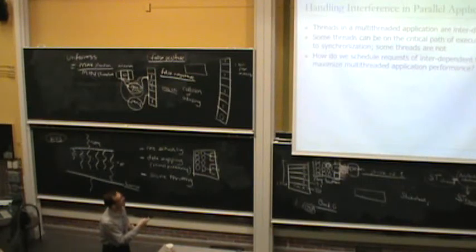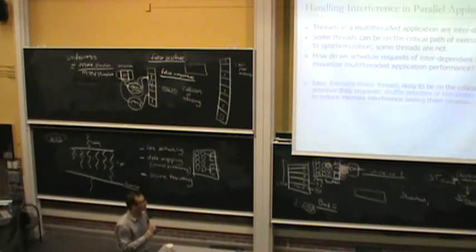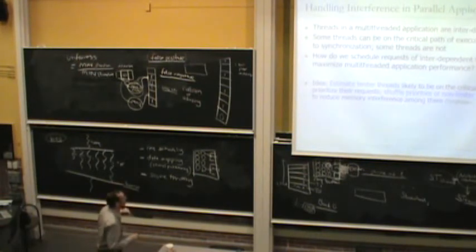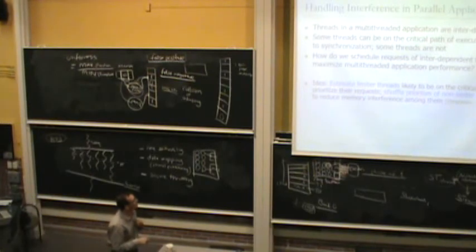So this is the key question. How do we schedule requests of these interdependent threads to maximize multi-thread application performance? The idea, and I will not give you more detail than this, is to estimate limiter threads that are likely to be on the critical path and prioritize their requests. And also ensure proportional progress among the remaining non-limiter threads.